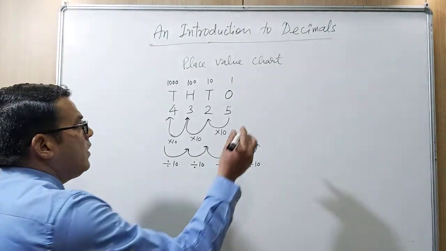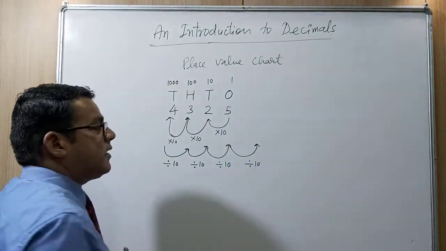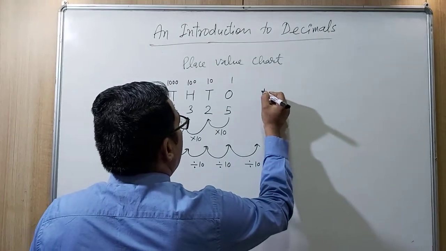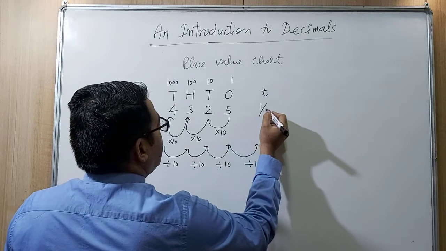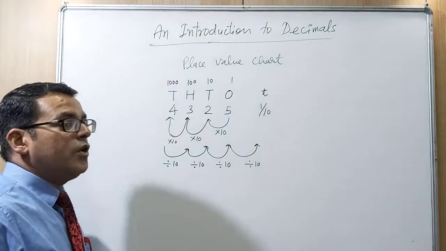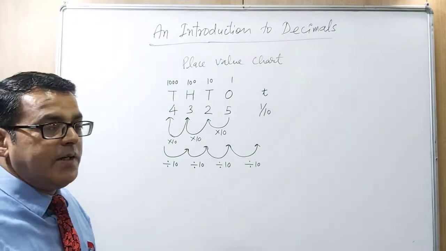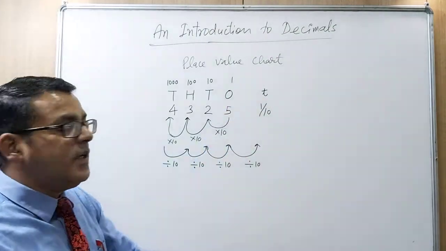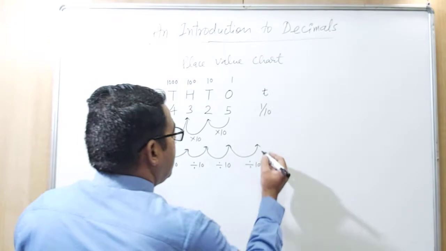So what is it called? Tenths place. We denote it by small t, and 1 by 10 it is called. So we move to the 1 by 10th column or 1 by 10th place. It is denoted by small t.